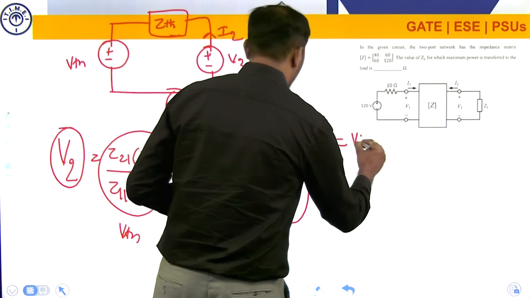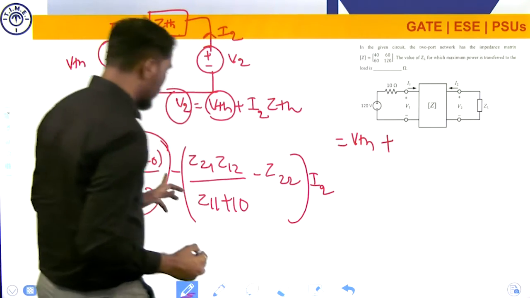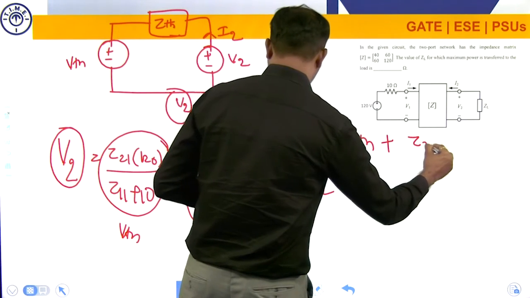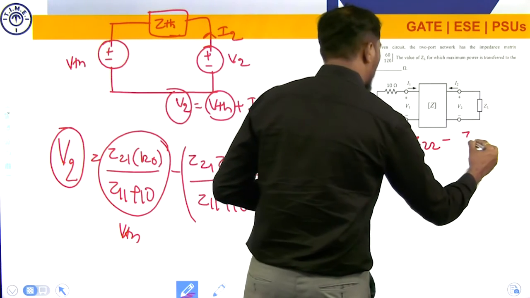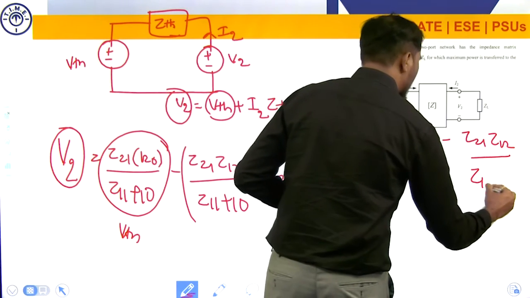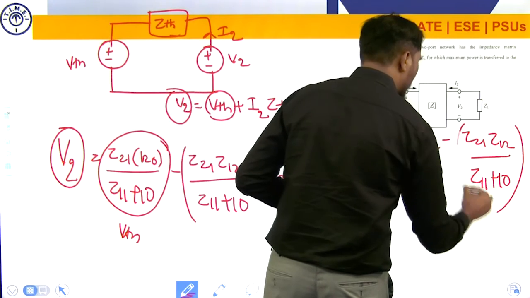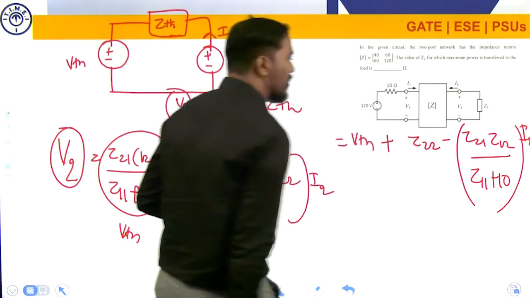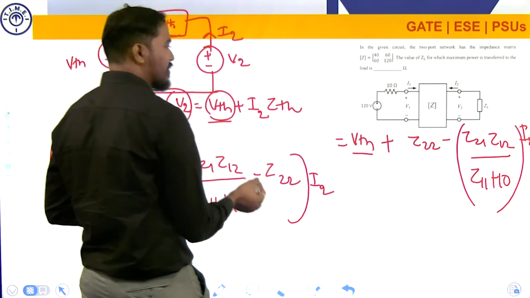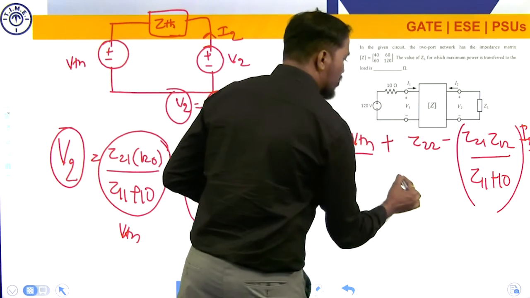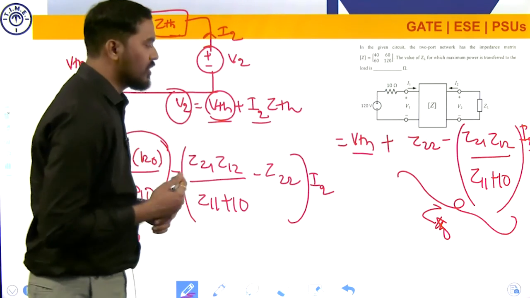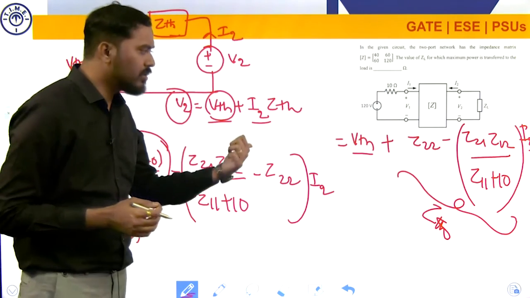So that is VTH plus, and here I am sending this minus inside, so that obviously becomes plus Z22 minus Z21 Z12, whole divided by Z11 plus 10, into your I2, right? So if you compare, this is VTH, I2 and I2. So this whole term is nothing but ZTH, right? So this is how I directly wrote the formula, and this is the proof.